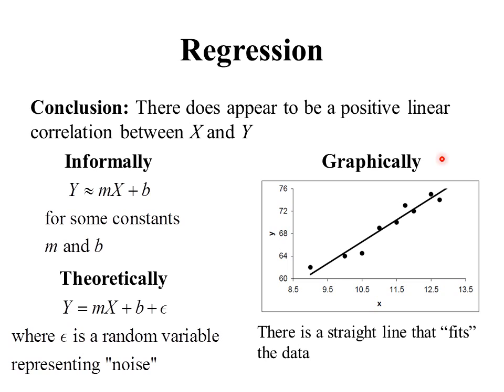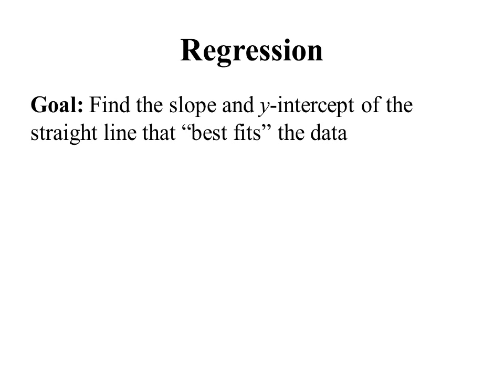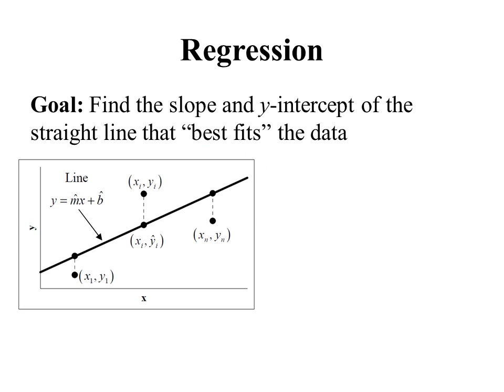So we're going to think about this graphically, as trying to find a straight line that fits our data. That's the basic goal of regression graphically: to find the slope and the y-intercept of the straight line that best fits the data.